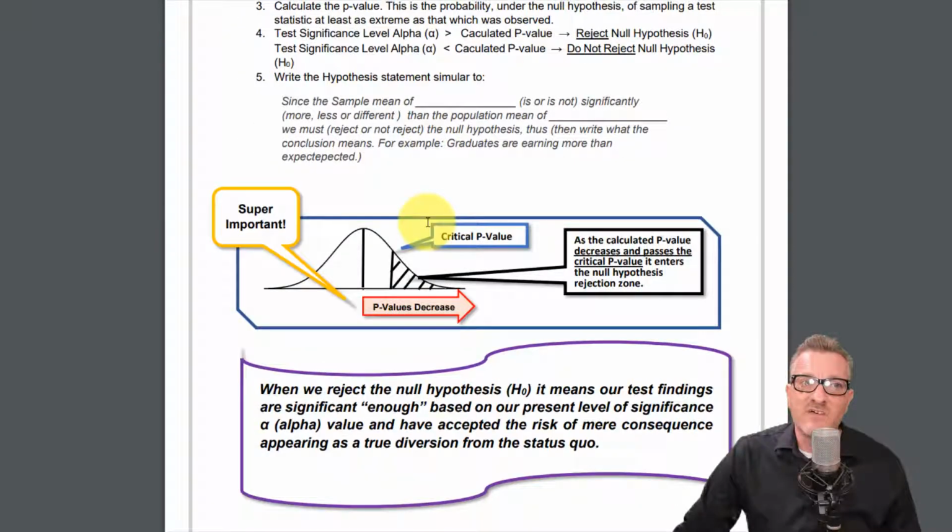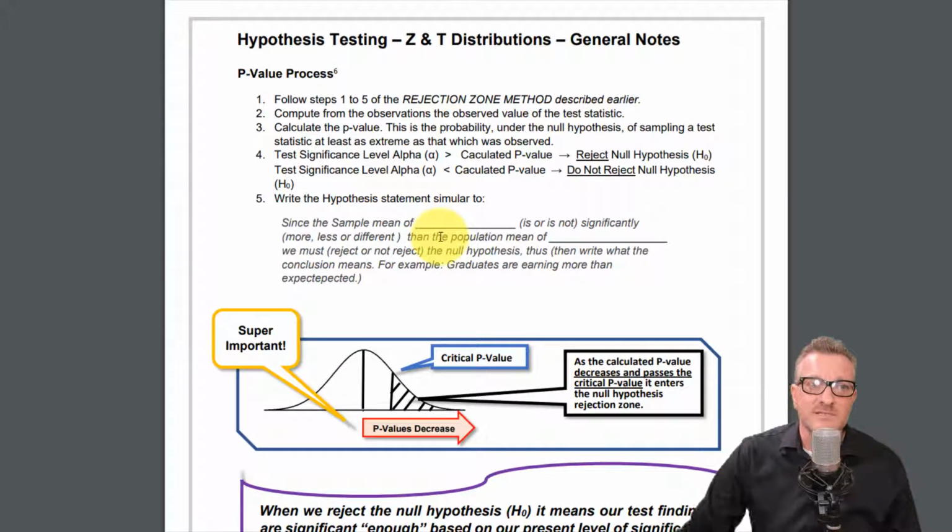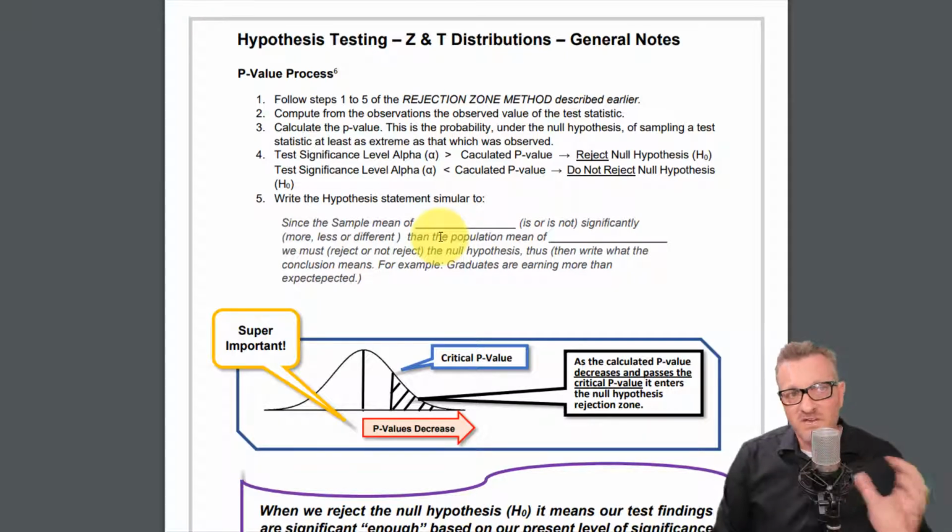Now, for the p-value process, some people may think it's easier or not easier. There are some advantages to it. In the past, doing the actual p-value calculation was hard to do, but now calculators are a lot better at it. When you do this on your TI-83 or 84 calculator, you'll see that doing the t-score calculations where it produces a p-value actually takes your calculator more time.